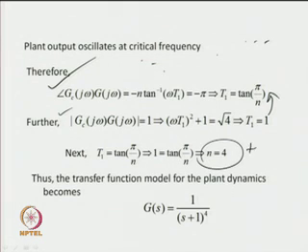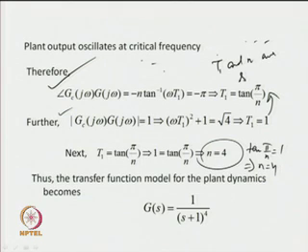Because 10π by n is equal to 1 implies n is equal to 4. Thus the unknowns of the process model, T1 and n, are estimated.